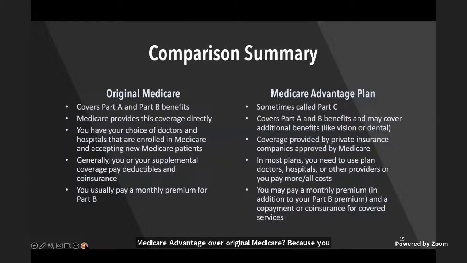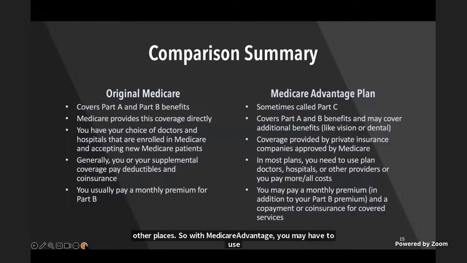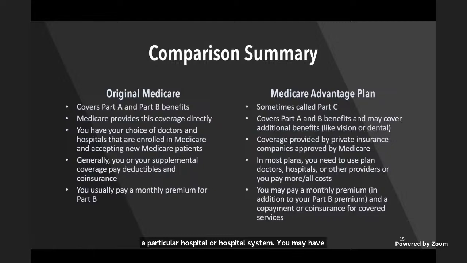But these benefits are achieved by extracting cost savings in other places. So with Medicare Advantage, you may have to use a particular hospital or hospital system. You may have to use a particular set of providers. You may have to comply with some other, I don't want to say restrictions, but some other regulations related to accessing your benefits.